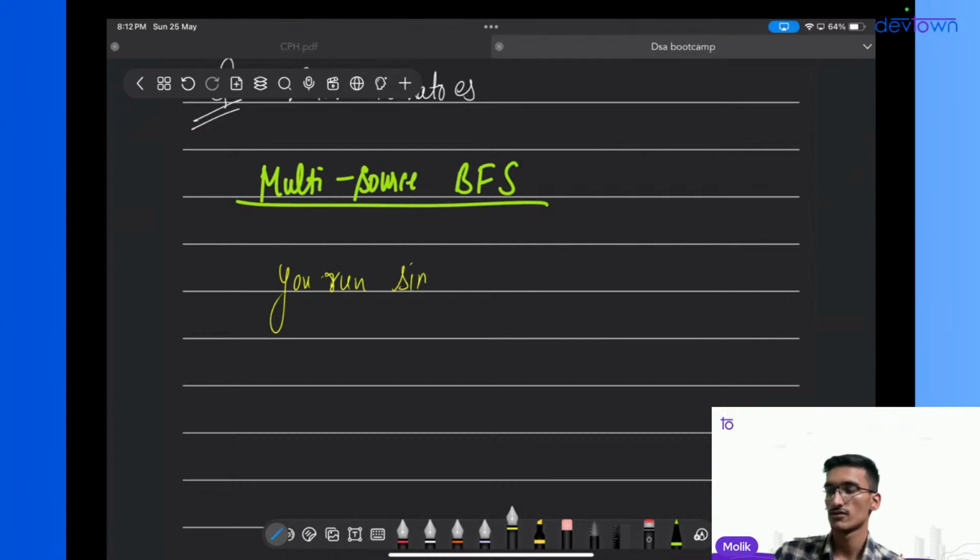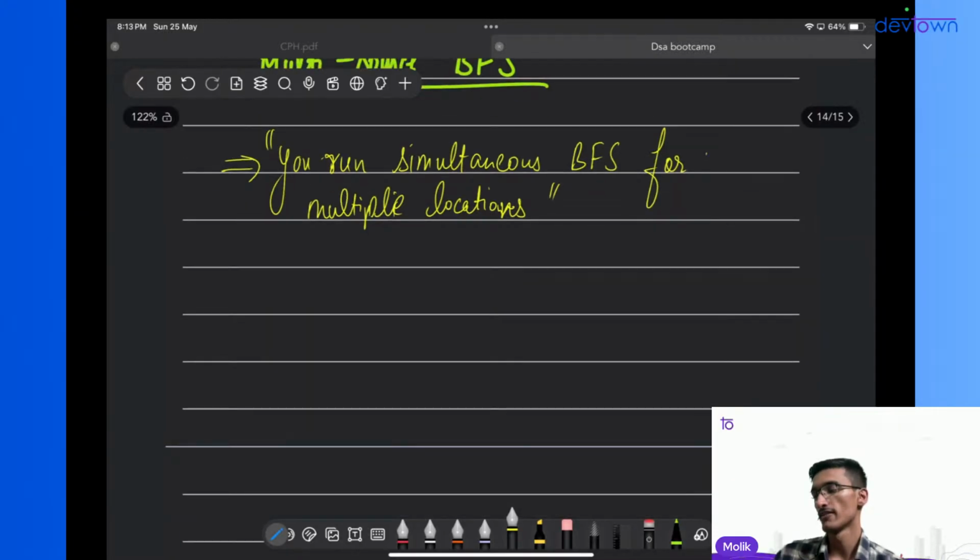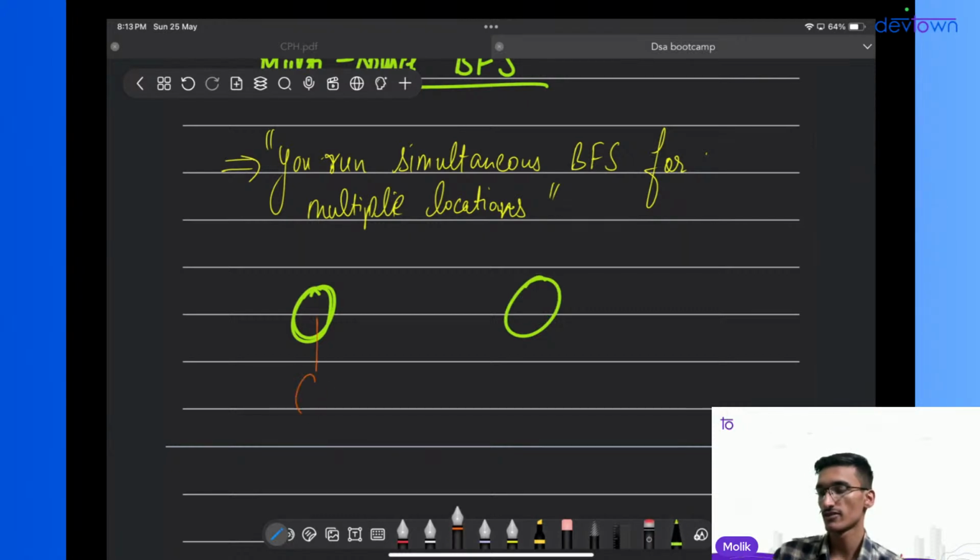is that you run simultaneous BFS for multiple locations. It is actually as simple as that. So you will be having, for example, two nodes, and then you run BFS simultaneously.